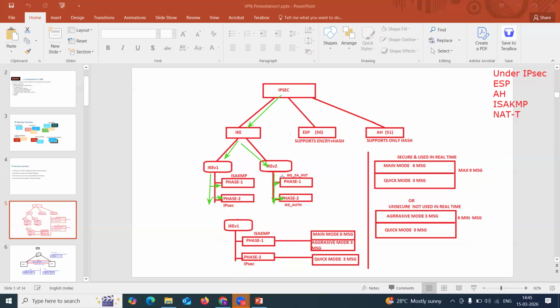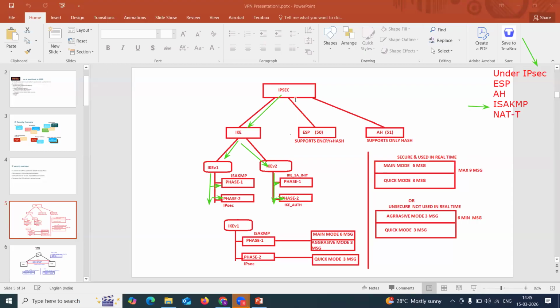Okay? Guys, there is one confusing thing that you have to understand. You have to digest it. There is a protocol IPsec, and there is a protocol ISAKMP, right?